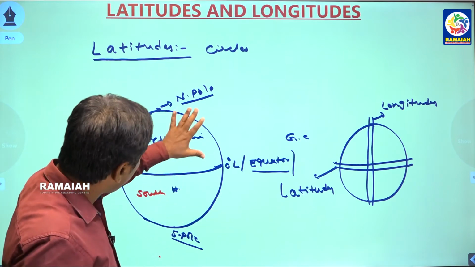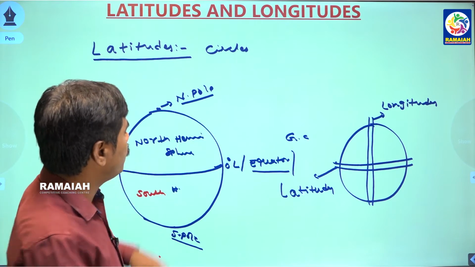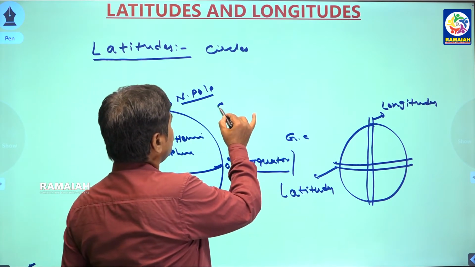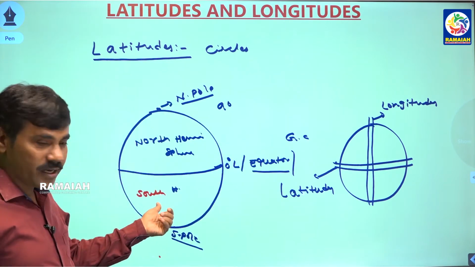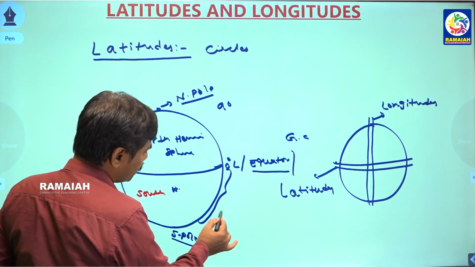The Northern Hemisphere is divided into 90 latitudes, and the Southern Hemisphere is also divided into 90 latitudes.